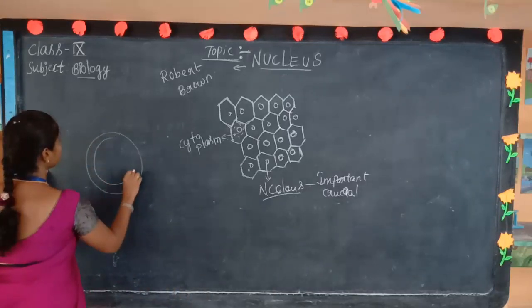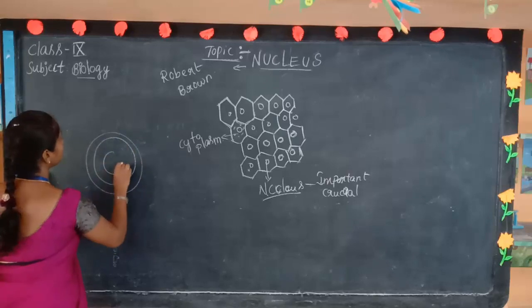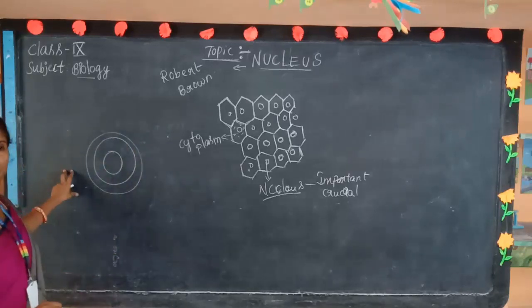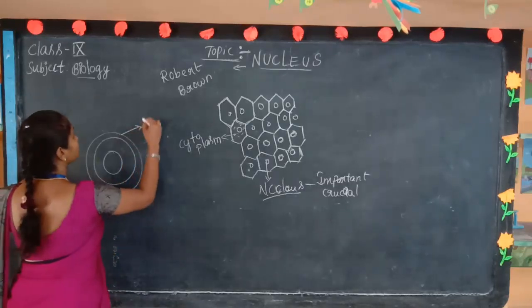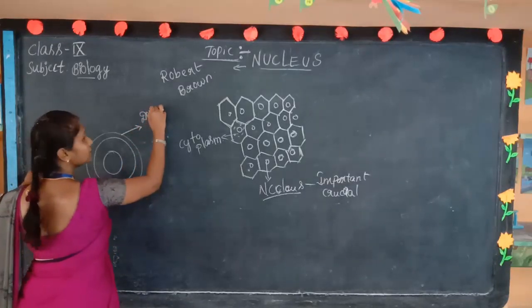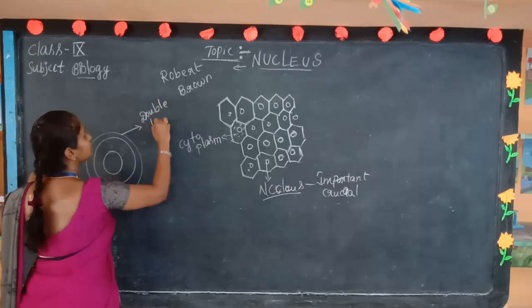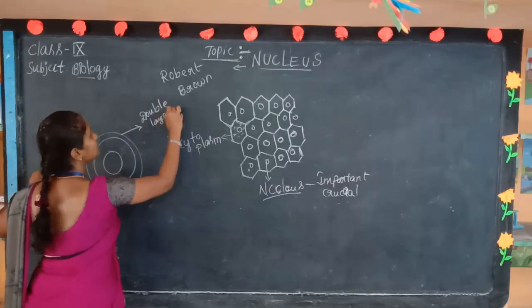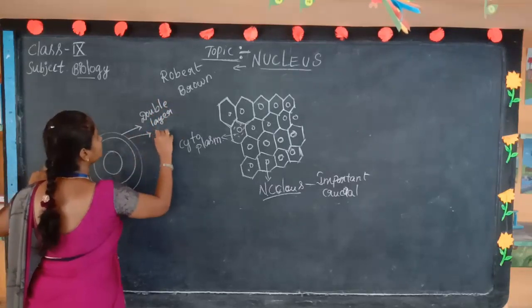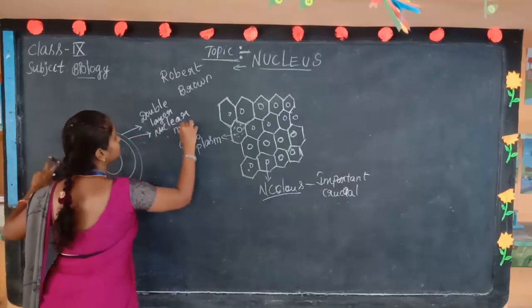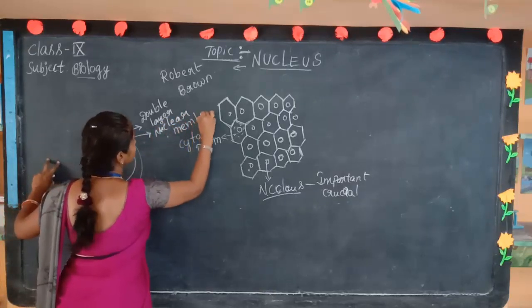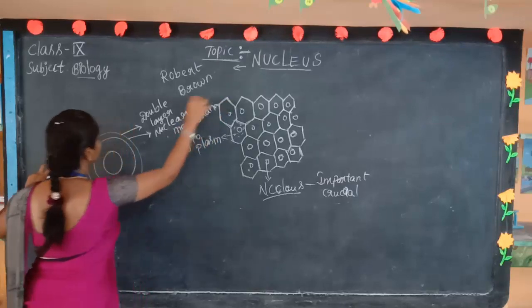The nucleus is present in the center of a cell and is formed with a double-layered membrane. This double-layered membrane we call the nuclear membrane.